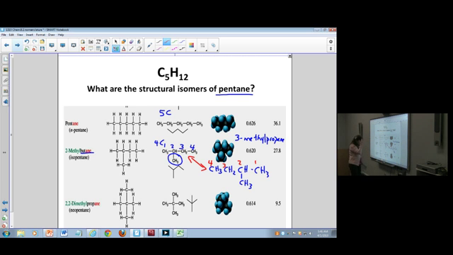Now I'm going to go down 1 more carbon on my carbon chain, and I'm going to see that there's a 3-carbon chain for propane, and I can put 2 methyl groups, each on carbon 2 of 1, 2, 3. And I'm still going to get C5H12.